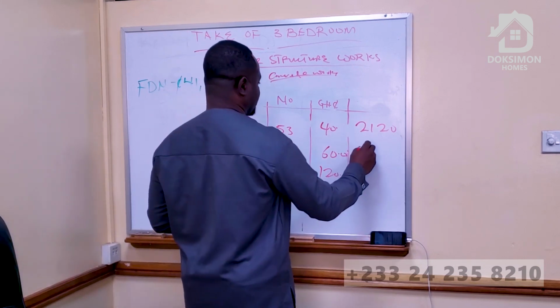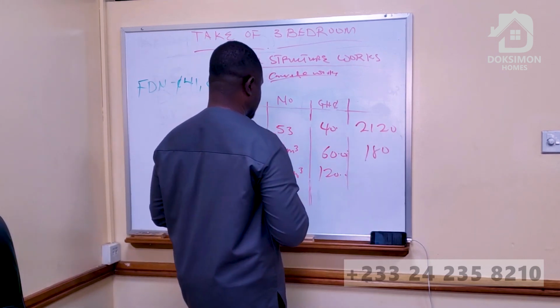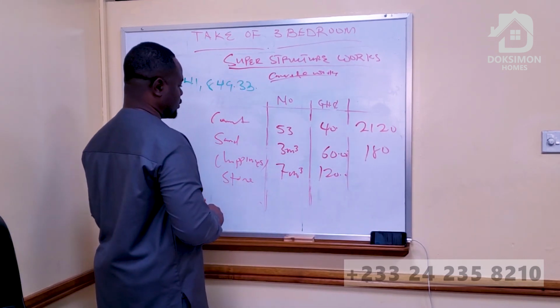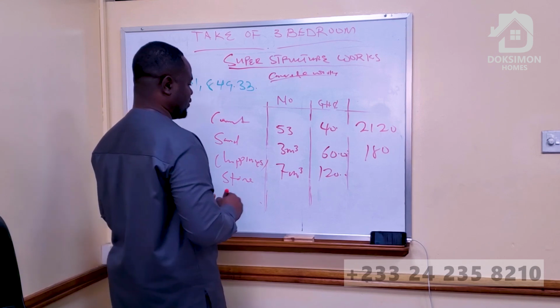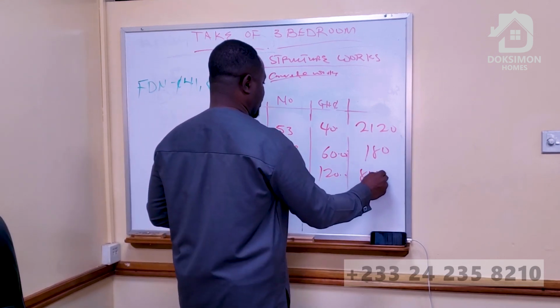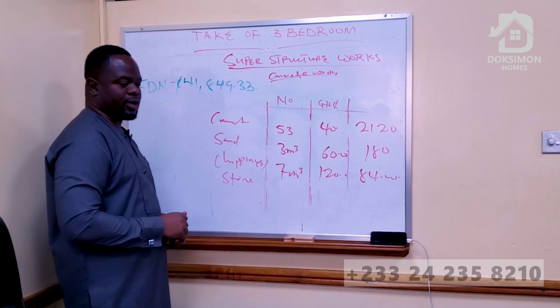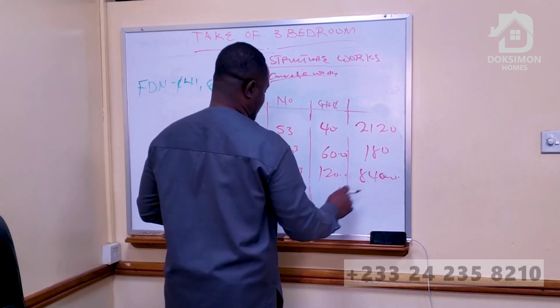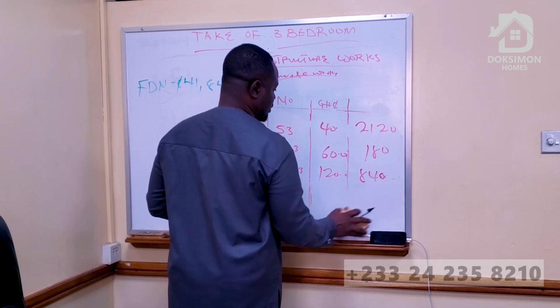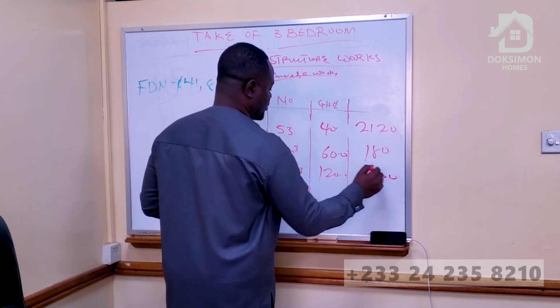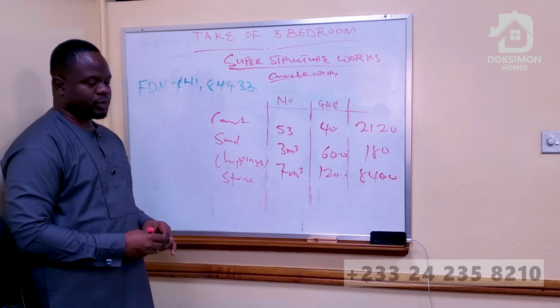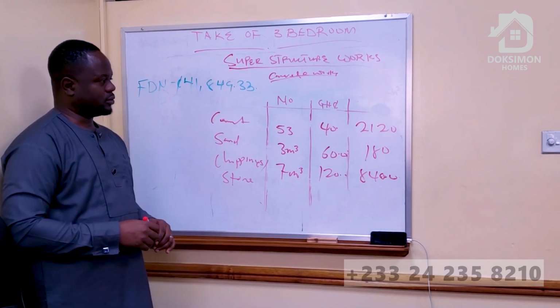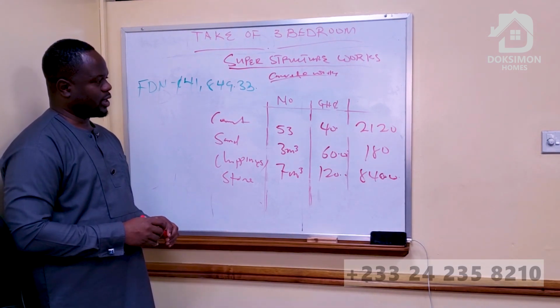We just have 180 cedis. And also we have about 84. Am I right? I hope so. Right. 840 Ghana cedis. Oh, I may be wrong. This is just the concrete works that goes within what we have here.